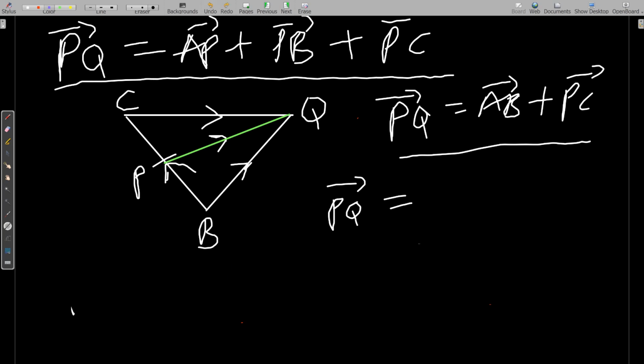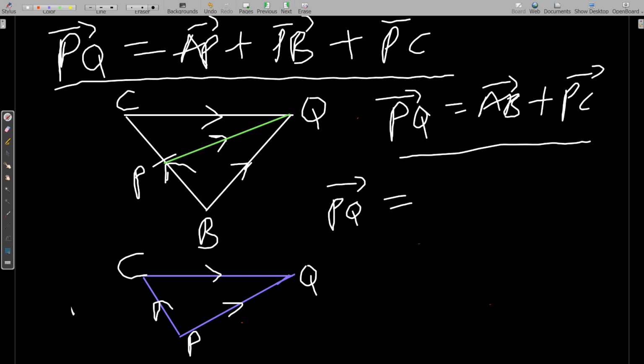Let's use this, this and then this. So from the triangle above I can get this diagram where my P will be here, my Q will be here, and my C will be here. So this is how the diagram looks, and then P is going to C, PC, like that.